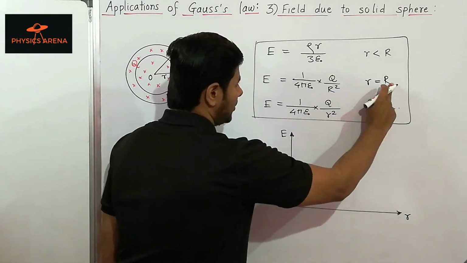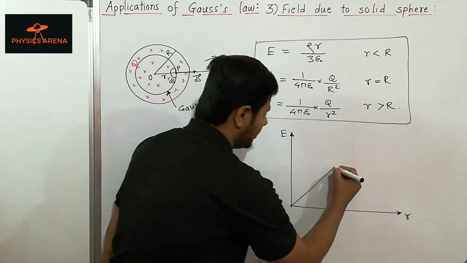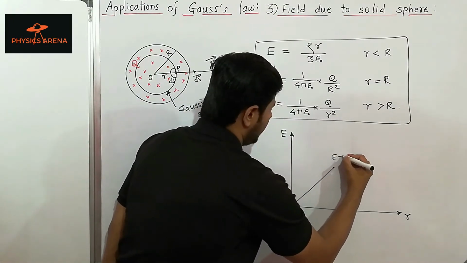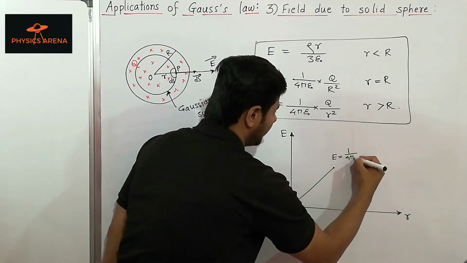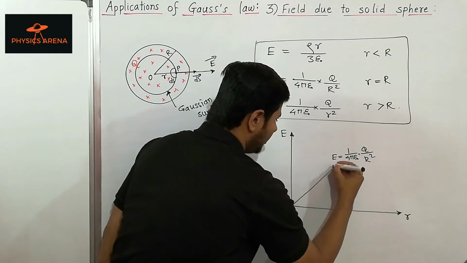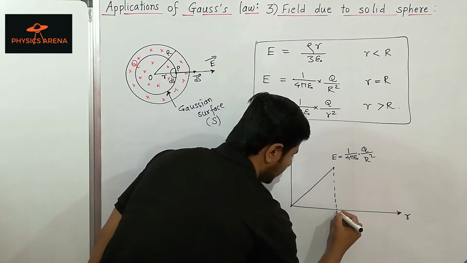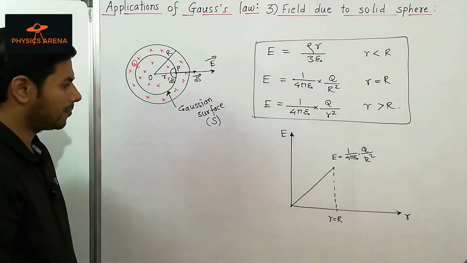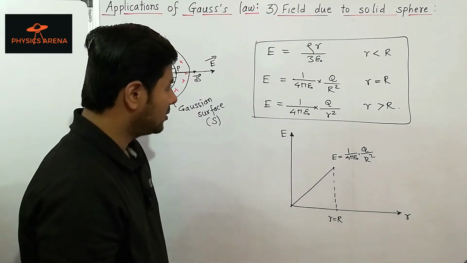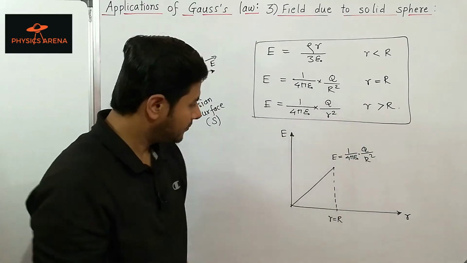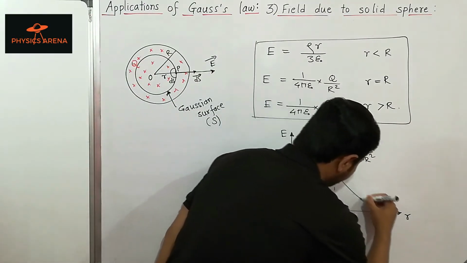At R equal to capital R, it has this value, E equal to 1 over 4 pi epsilon naught into Q upon R square. So this is when R equal to capital R, and then it falls off as 1 by R square like this.